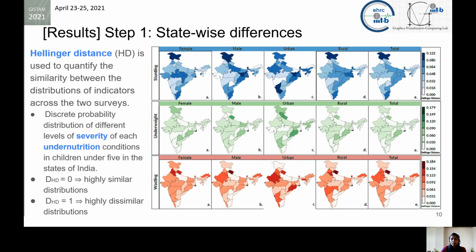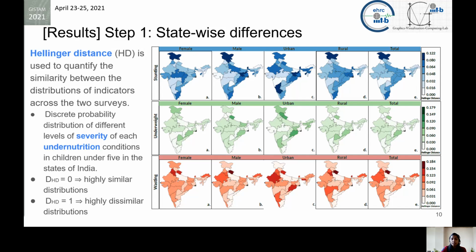To quantify the similarity between the indicators across the two surveys, here we observe that the state-wise distribution distances between the surveys are low, as the HDs are lower than 0.184 overall, much lower than the upper bound 1.0.